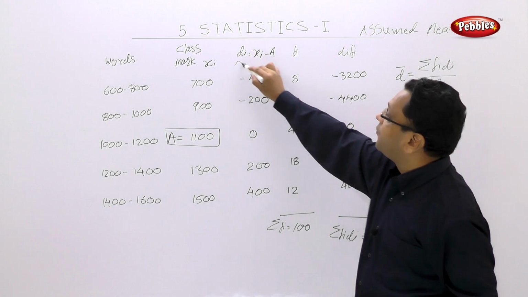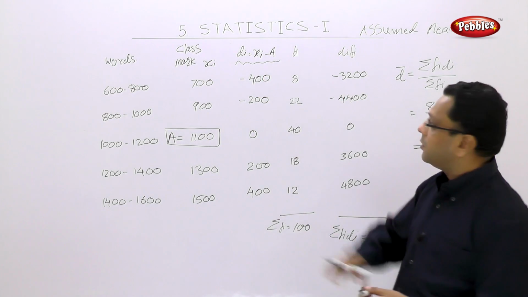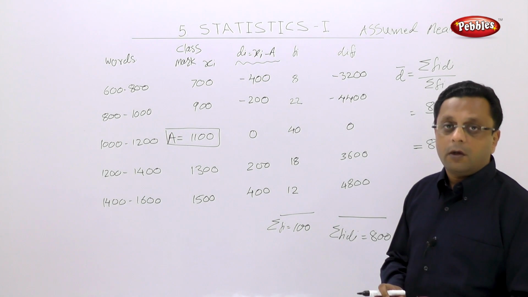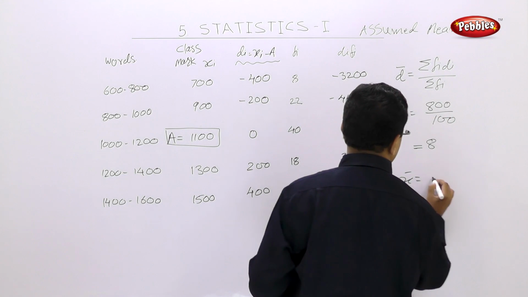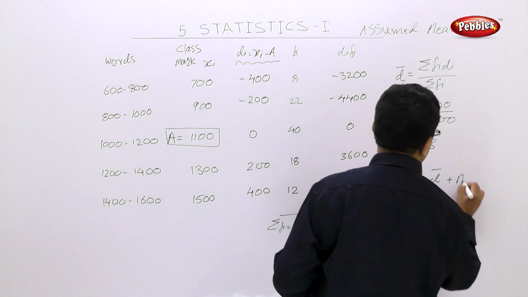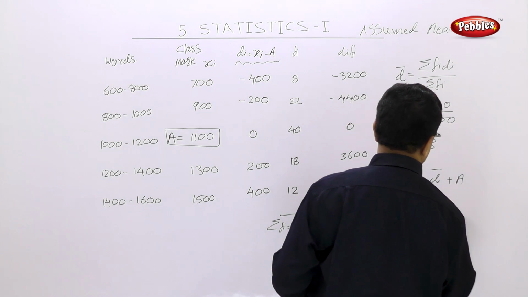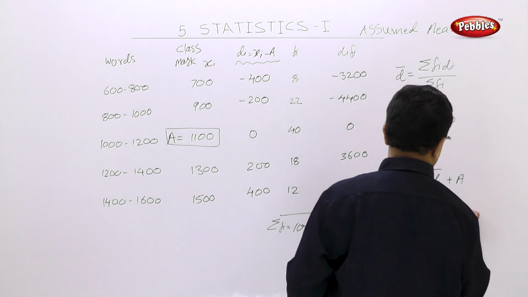If I had done this first, I subtracted some value, then now I have to add. Just shift this a to this side of the equation. So x is equal to di plus a. So x bar is equal to d bar plus a. So that is 8 plus a is our 1100.